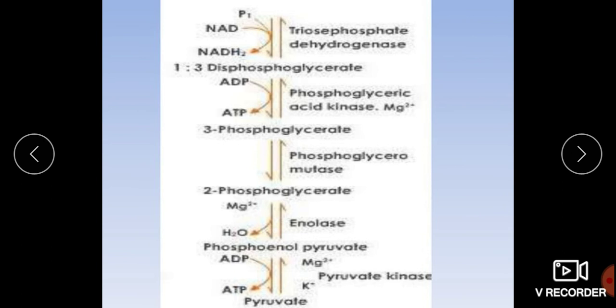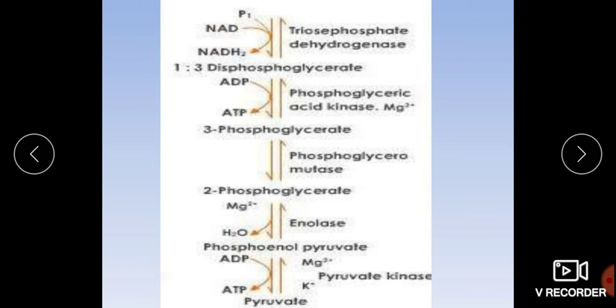This released hydrogen is accepted by NAD, and the NAD is converted into NADH2. Here one phosphate molecule is incorporated into glyceraldehyde 3 phosphate, and hence it leads to formation of 1,3-diphosphoglycerate. Overall, in this reaction there is a utilization of one phosphate molecule and formation of NADH2.